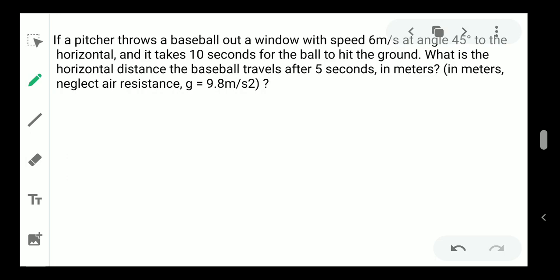If a pitcher throws a baseball out of a window with speed 6 meter per second at an angle of 45 degrees. Now remember one thing, in the last question it was thrown horizontally, but in this case the throw is at a 45 degree angle, so that means it will go up like this and then it will drop like this, right?